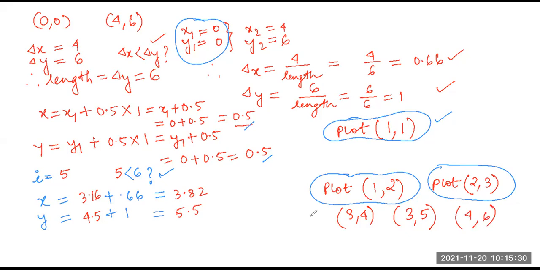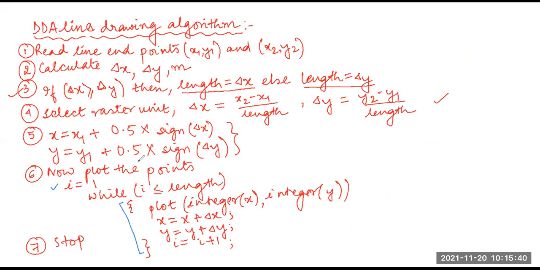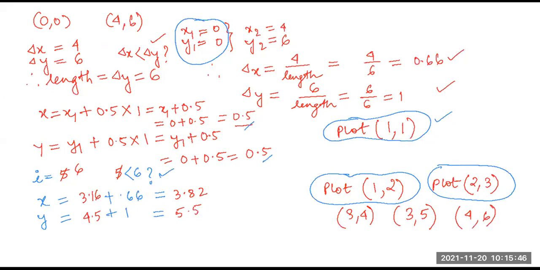Then again, I will increment. I will become 6. What was my condition? Till your I is less than equal to 6. So my 6 is less than equal to 6, yes or no?